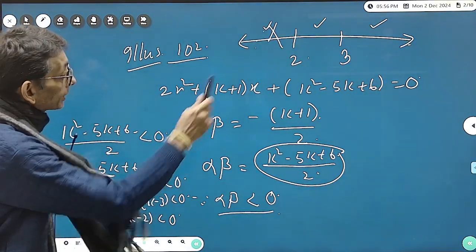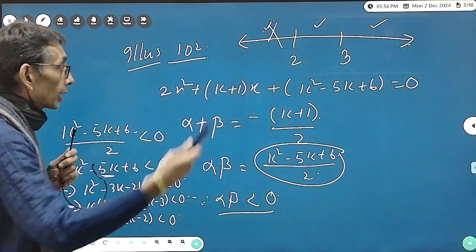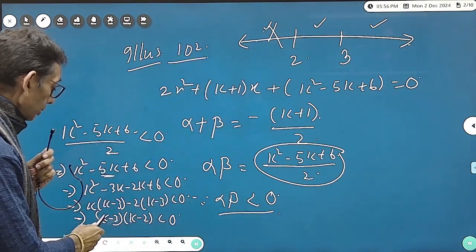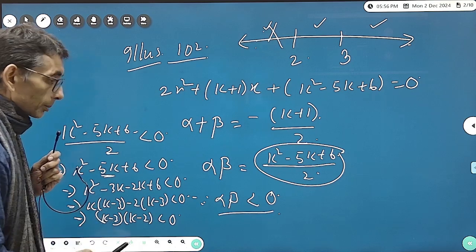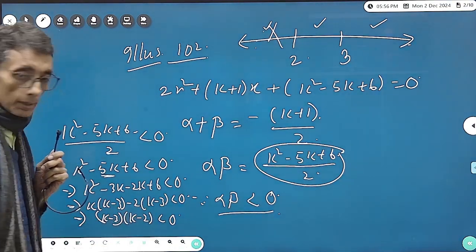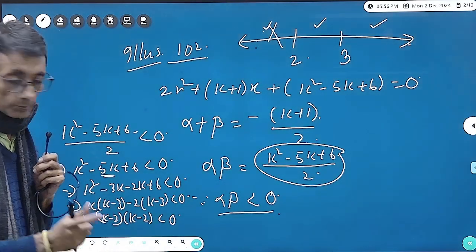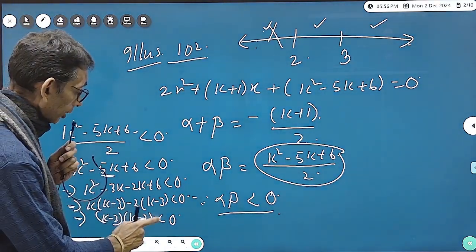Now, why not greater than 3? Take a number bigger than 3, say 5. 5 minus 3 is 2, 5 minus 2 is 3. Both are positive, and the product of positive numbers cannot be negative.